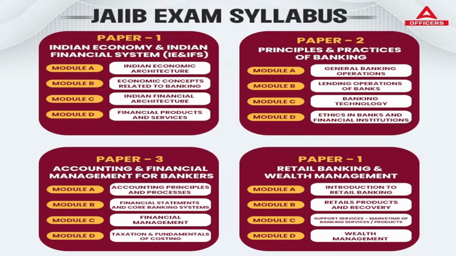The second one is principles and practices of banking. The third one is accounting and financial management for bankers. And the last one is retail banking with wealth management. So overall there are 4 different topics that we are going to discuss. So what are we going to do about it?